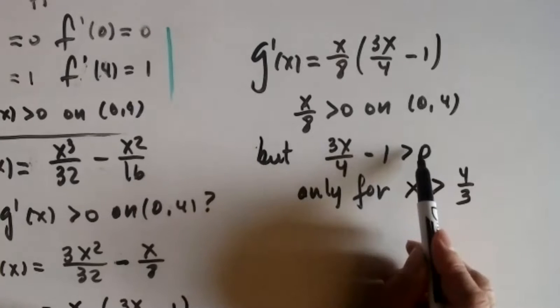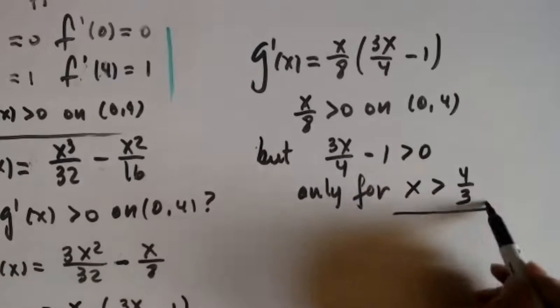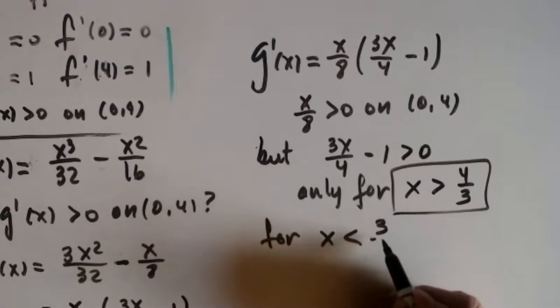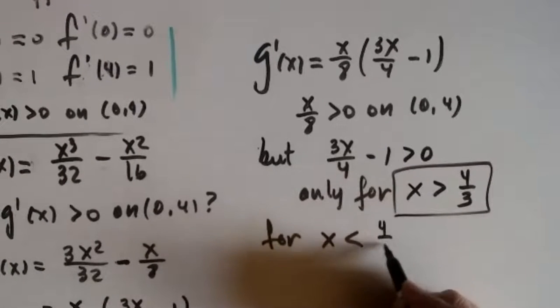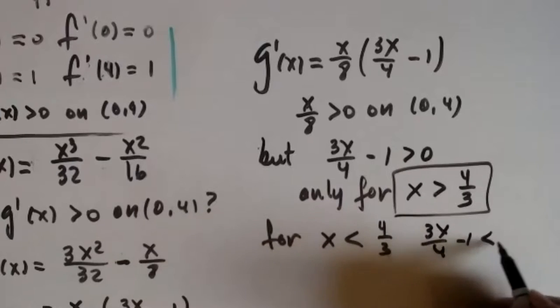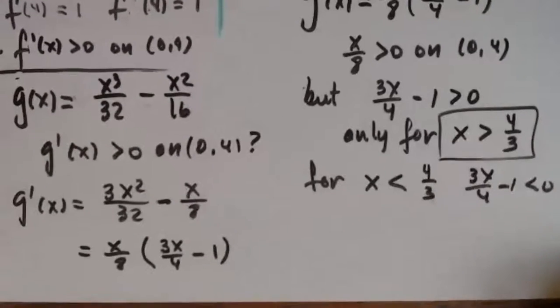I just add 1, multiply times 4, and divide by 3. So for x less than 4/3, 3x over 4 minus 1 is negative. So this is what we check.